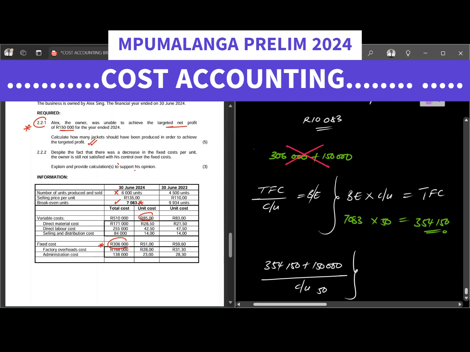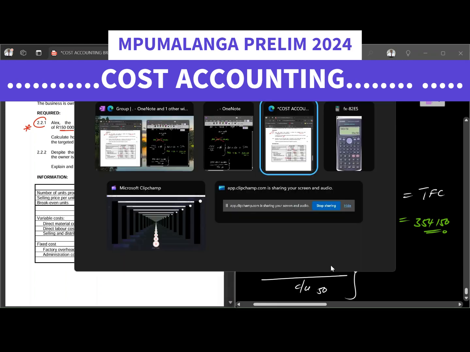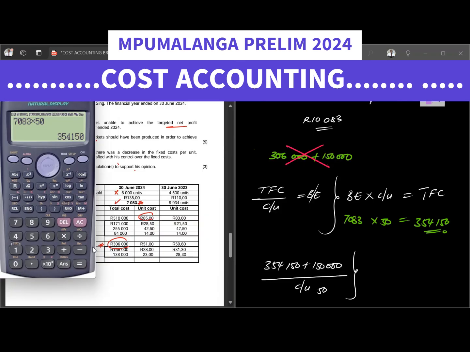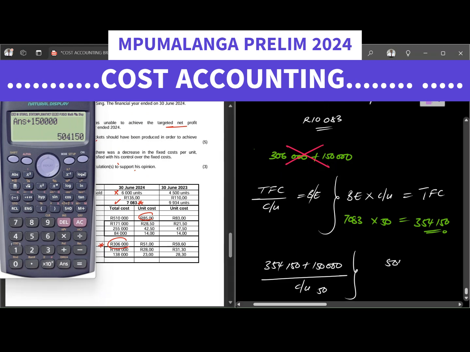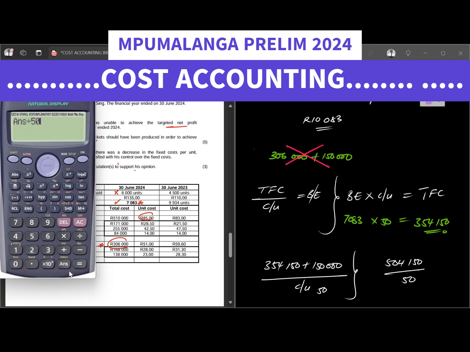So let's use our calculator: 354,150 plus the 150,000 gives me 504,150. And then I divide that by 50, and that gives you 10,000 and something.